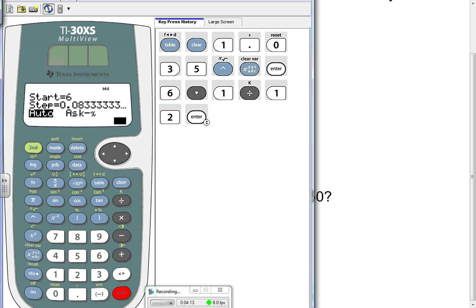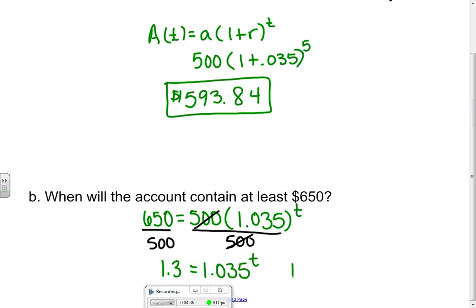So go ahead and put that in and scroll down until you see the 1.3 we had on the left-hand side. You're looking for the y value of 1.3. And it seems to happen right there at 7.67. So that means my answer is 7.67 years.